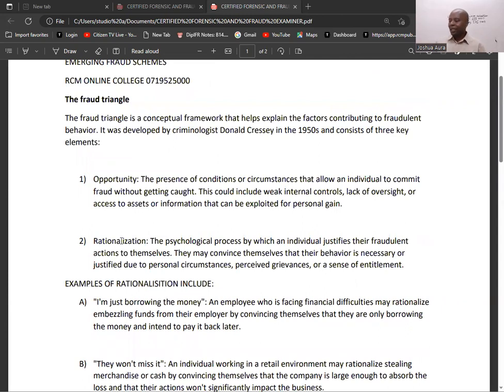Opportunity: the presence of conditions or circumstances that allows an individual to commit fraud without getting caught. This could include a weak internal control system, lack of oversight, or access to assets or information that can be exploited for personal gain.